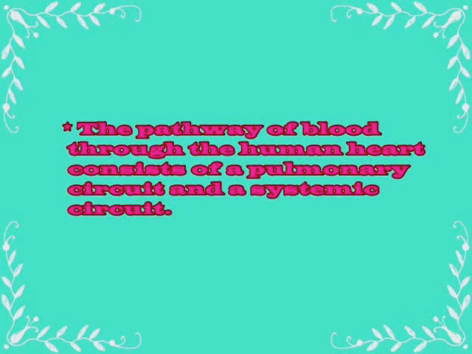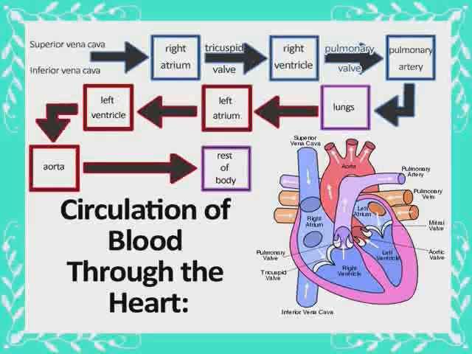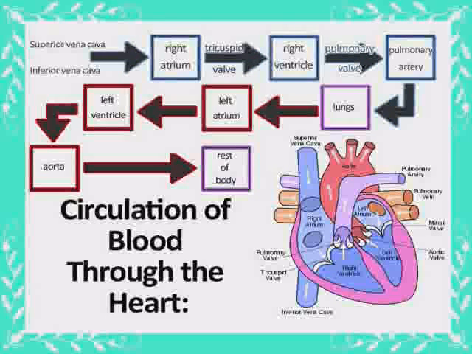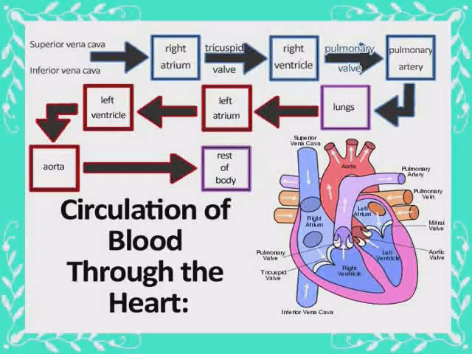The oxygenated blood flows through the heart in one direction, entering through the superior vena cava into the right atrium and is pumped through the tricuspid valve into the right ventricle, before being pumped out through the pulmonary valve to the pulmonary arteries into the lungs.